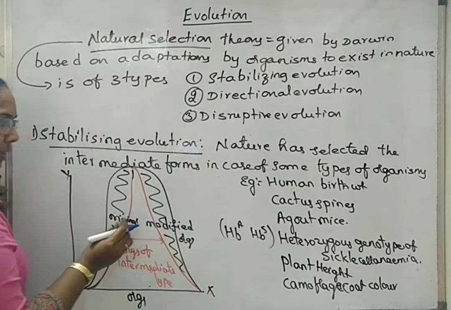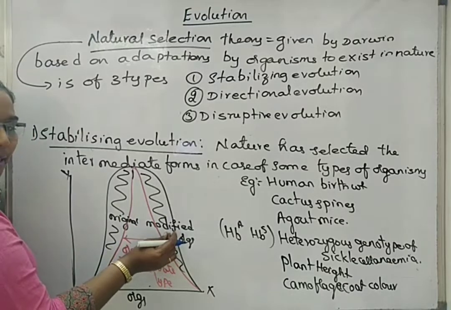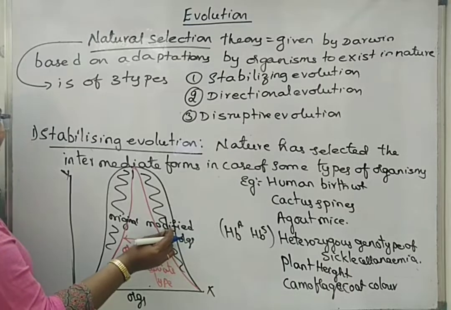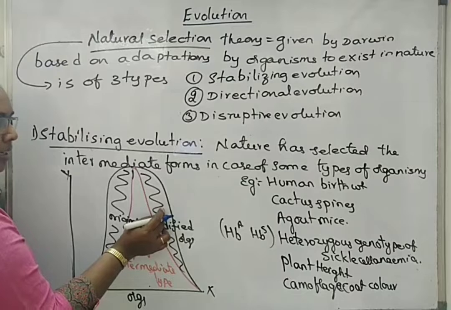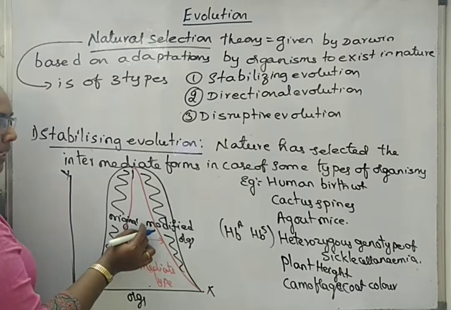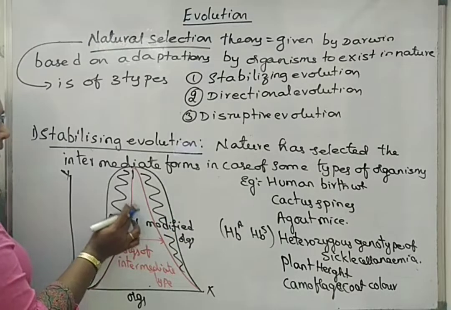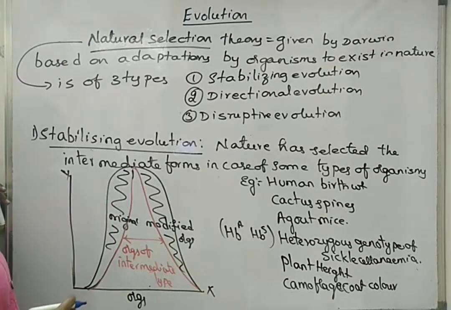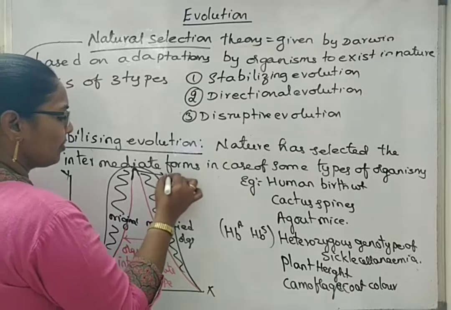The intermediate one will have some features of the original and some features, phenotypically and genotypically, of the modified ones. But the original ones will not have the characteristic features of the intermediate one, and the modified ones will not have the characteristic features of the intermediate or original type. Here the peak is narrow.